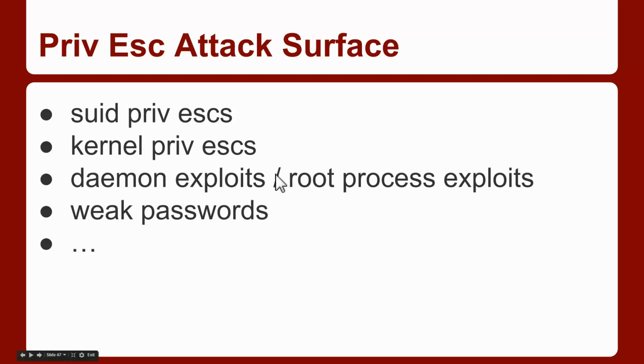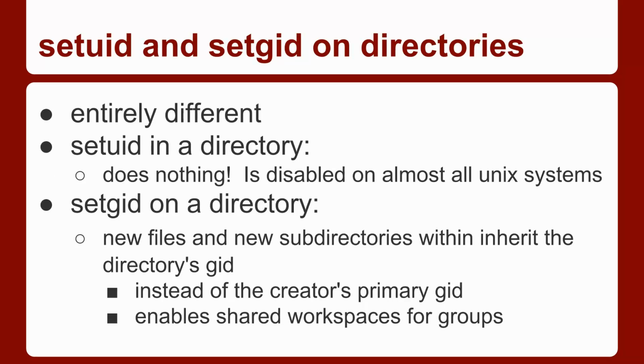Kernel privilege escalations, and as we covered in the code auditing lecture, those vulnerabilities and bugs can exist in kernel code, and the kernel is written mostly in C, so that's where it's extremely relevant. Daemon exploits or root process exploits, anything running at root that can be interacted with that perhaps has a vulnerability. And again, as always, weak passwords: if the root password is not set, or if it's set to something terribly weak, that's also considered in the attack surface, and so on.